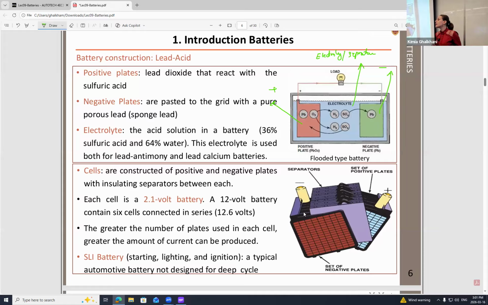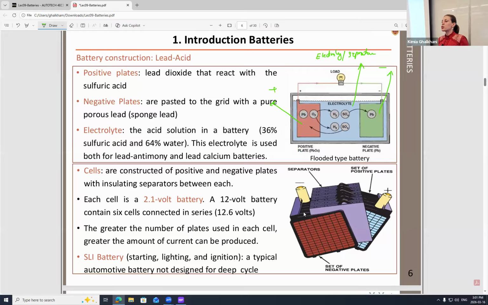In fact, separator, as the name may suggest, has a role to avoid any short between the positive and negative, right? It's going to help pass the electron from one layer to another layer safely without having any disruption in the system. So electrolyte in here, it could be salt and water, or it could be, for example, other acid solution.